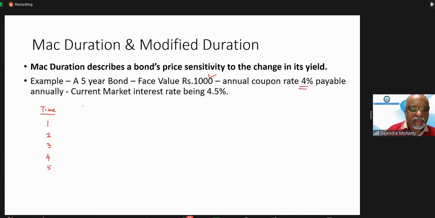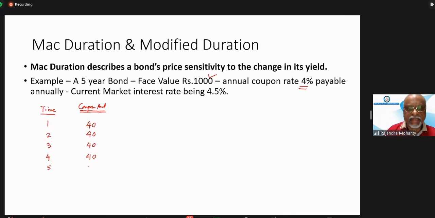Now, our next column I'll write what is the coupon amount I am getting. First year, how much I will get? 40. Second year, 40. Third year, 40.